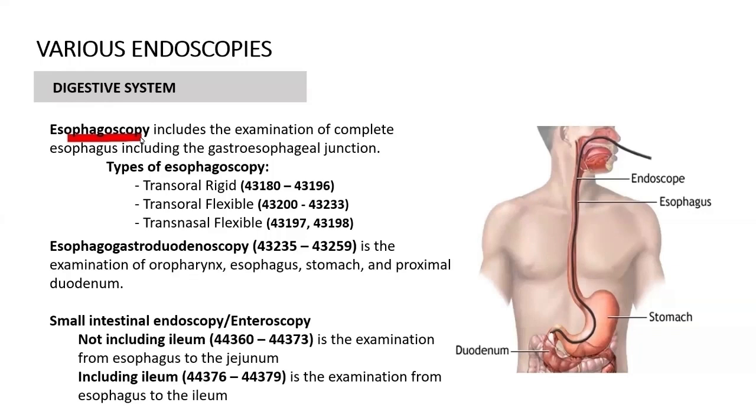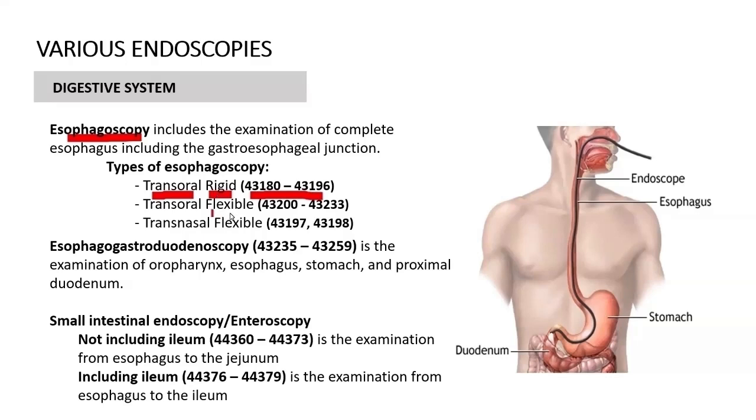There are three different types of esophagoscopies. If the rigid endoscope is inserted through mouth to visualize esophagus, it is called transoral rigid esophagoscopy. Transoral means through mouth. And this is the range of codes available for this type of esophagoscopy.